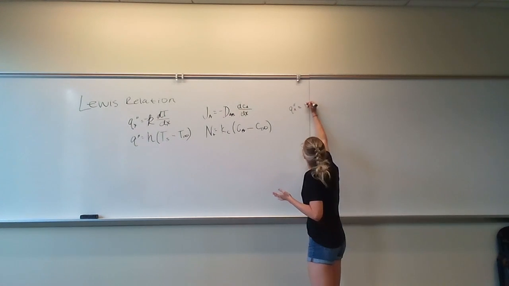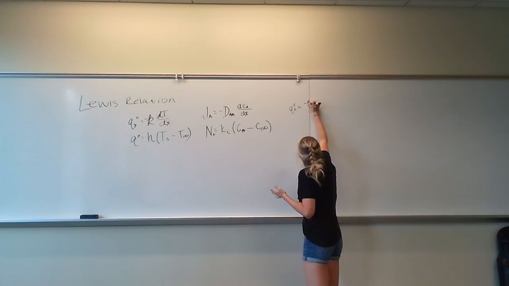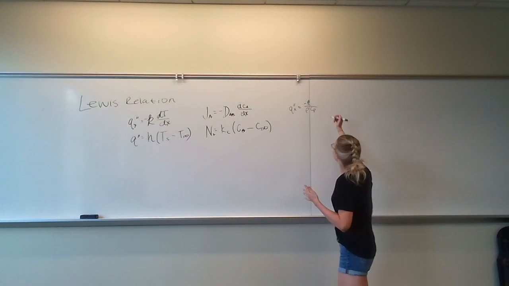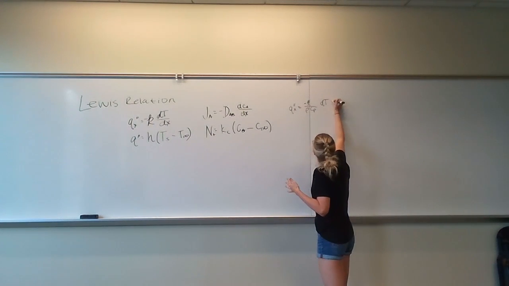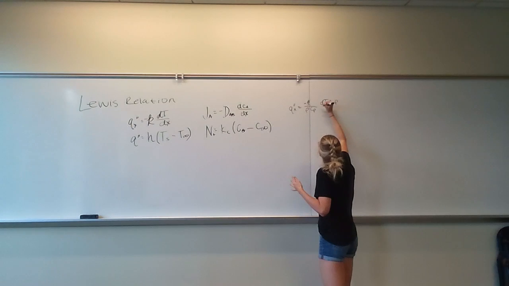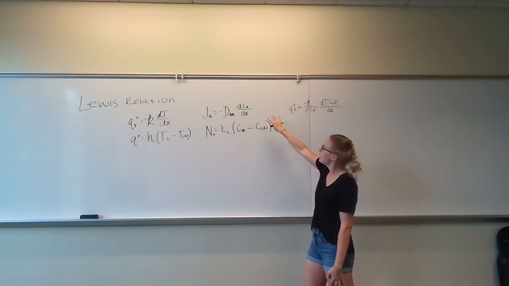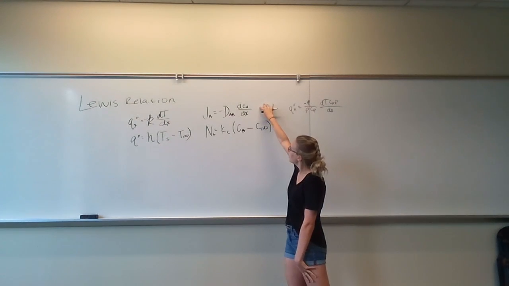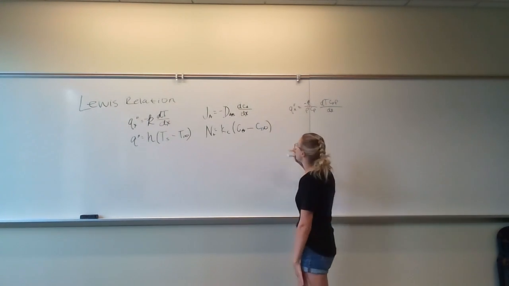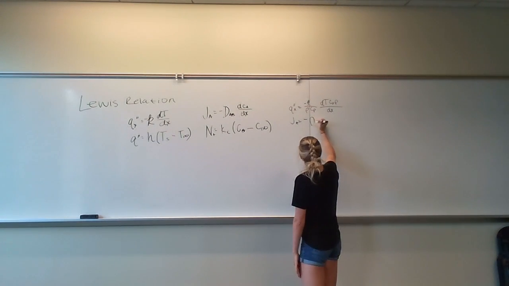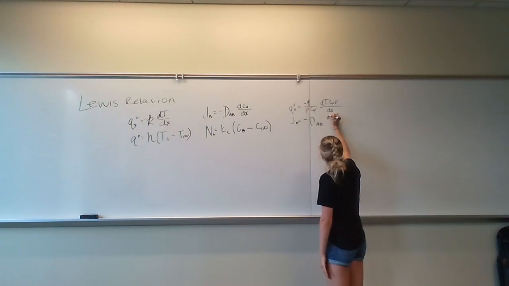So negative k over rho Cp, which is the volumetric heat capacity, which is density times heat capacity, times the change in temperature and volumetric heat capacity with respect to position. And then for the molar diffusive flux, this is already in terms of concentration, so it can be left the same. The molar diffusive flux is equal to negative D_AB times the change in concentration with respect to position.